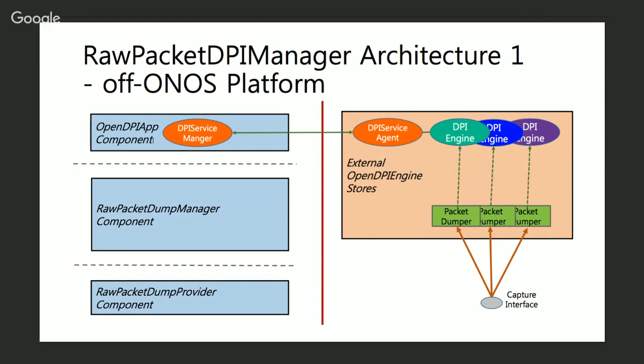So this is not our point. The important issue is the interface. The manager must be registered, because it manages the many DPI boxes or engines, to interface or coordinate all DPI engines.